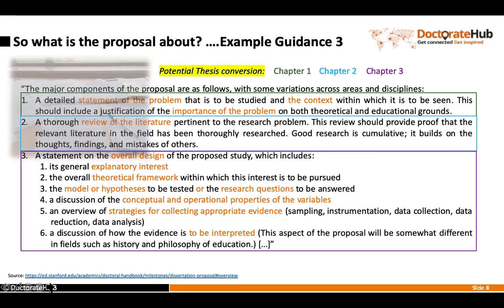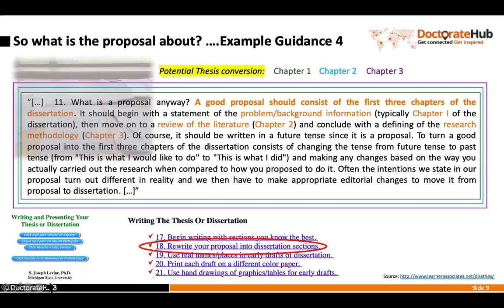Now, what I've been quite pleased with was that I found some suggestions I would have been providing to students also in guides to be found, like this one, because it makes clear that not only the first 3 chapters can be directly extracted based upon the thesis proposal, but it also talks about the conversion process, how you can take further the content from your thesis proposal into your first thesis draft.